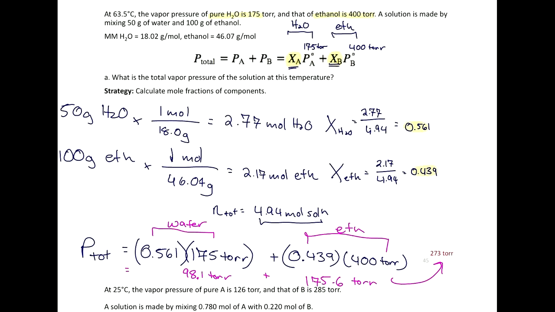So we just did Raoult's law twice and added them up for a mixture where both of the components are volatile, right? So we need to use mole fractions of both of those volatile components and the vapor pressure of the pure substance. So this question differs from our sugar example, because does sugar exert a vapor pressure? It's a solid.